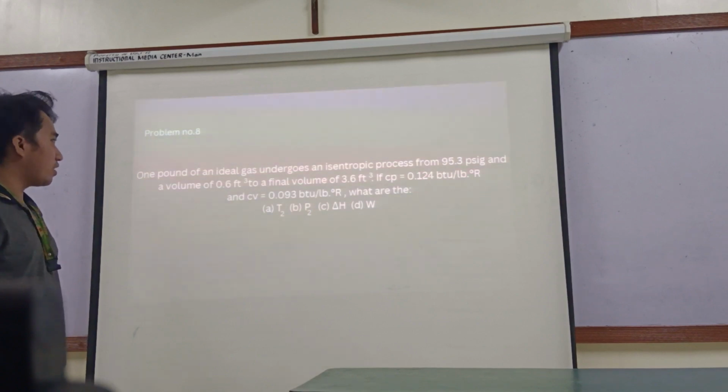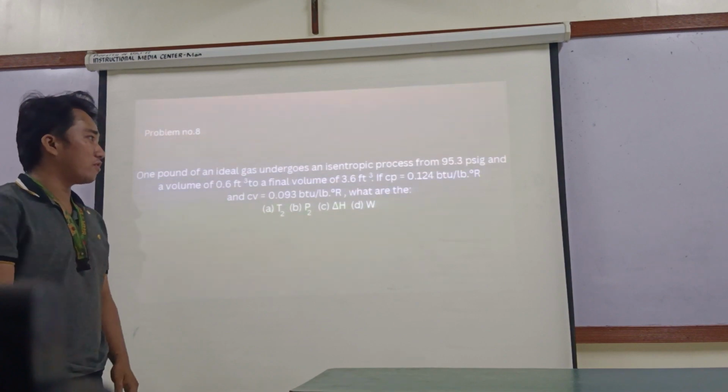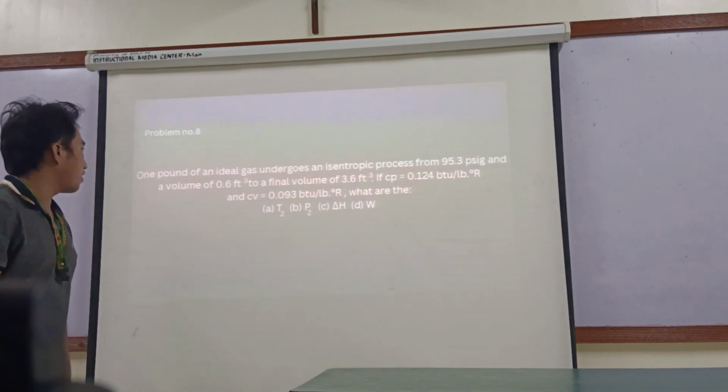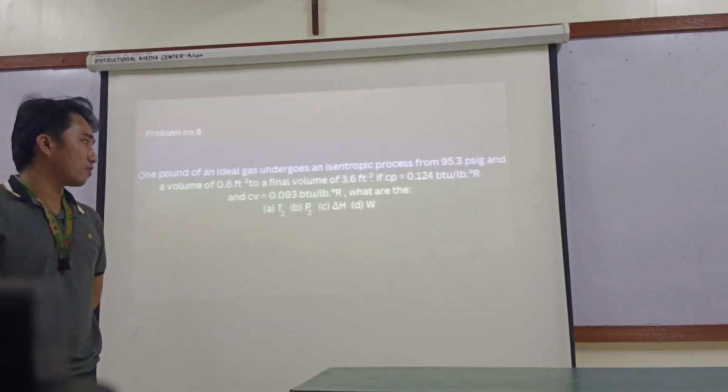1 pound of an ideal gas undergoes an isentropic process from 95.3 psig, pounds per square inch gauge, and a volume of 0.6 cubic feet to a final volume of 3.6 cubic feet.